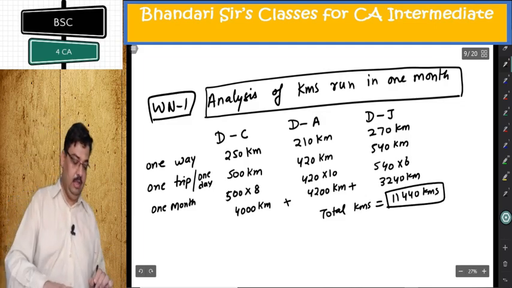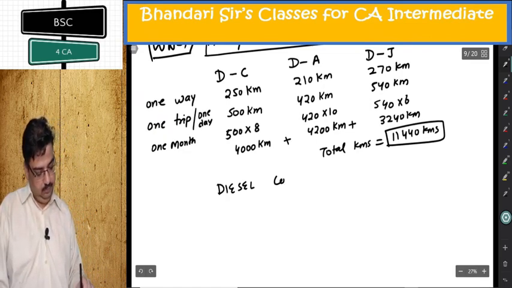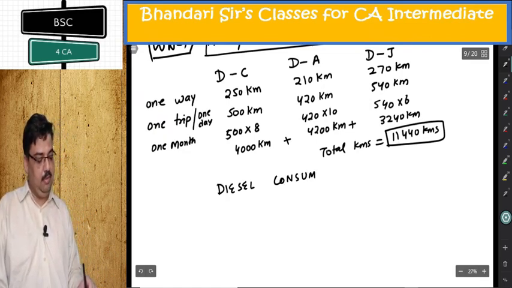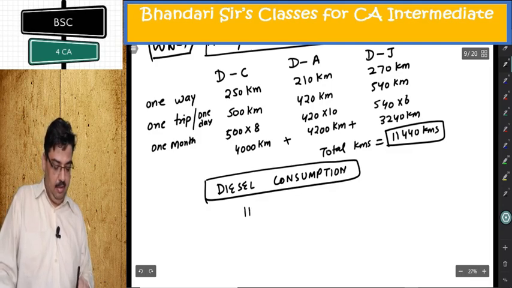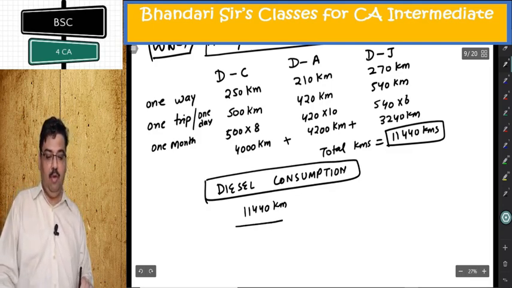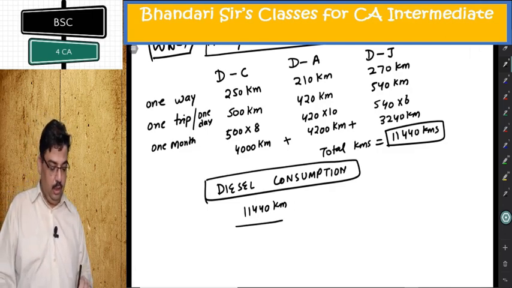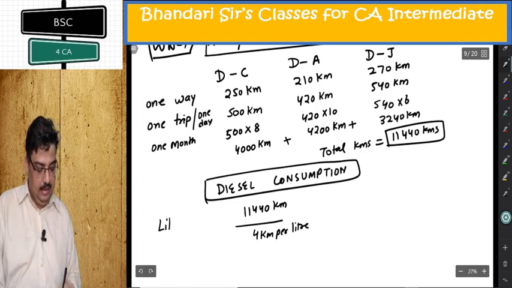Now, based on this, diesel consumption depends on this. 11,440 kilometers divide by 4 kilometer per liter, I get liters consumed.